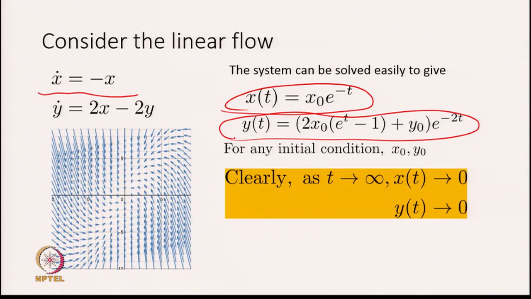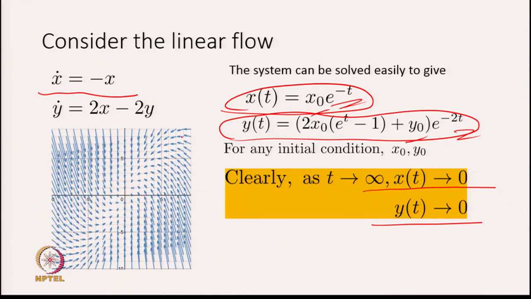Seeing that you've got exponential factors of e to the minus 2t and e to the minus t, as t goes to infinity, clearly x of t is going to go to 0 and y of t is also going to go to 0, regardless of the value of x naught or y naught.